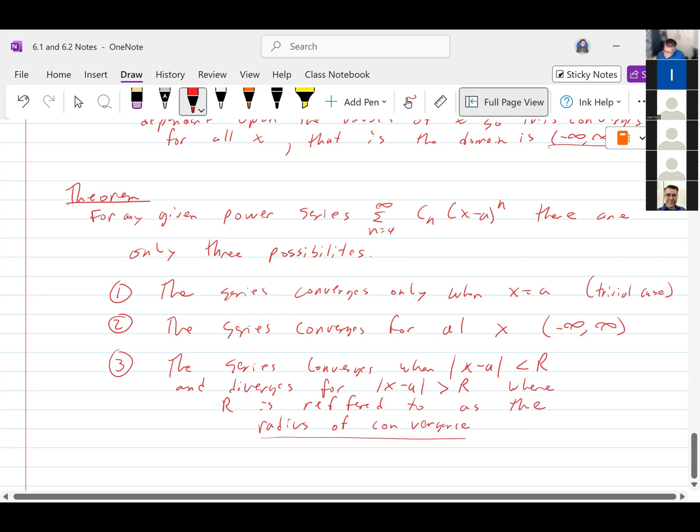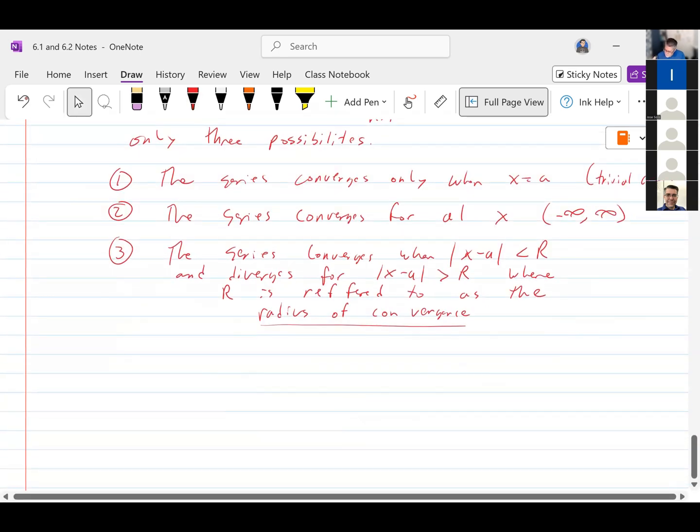Now, this doesn't tell me anything about the endpoints, or the interval of convergence. This is just telling me that if you get the absolute value of x minus a less than some number, then your radius of convergence is r.